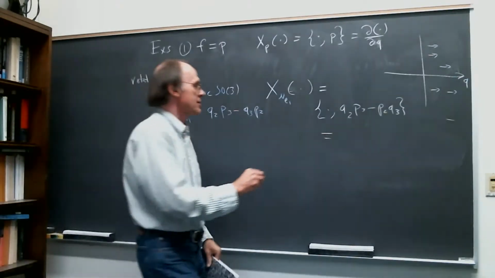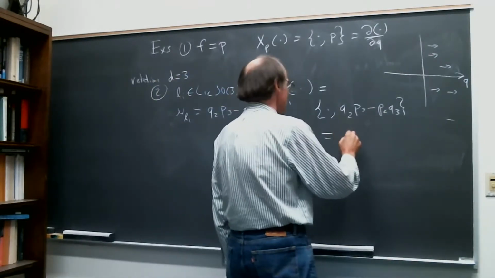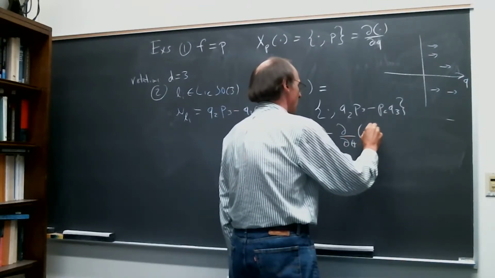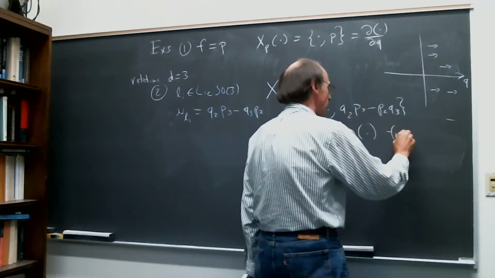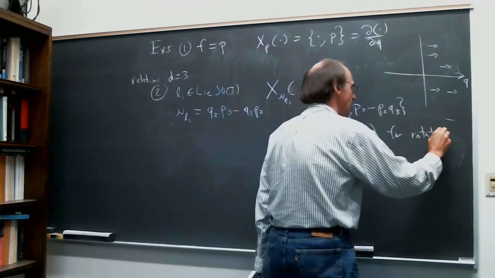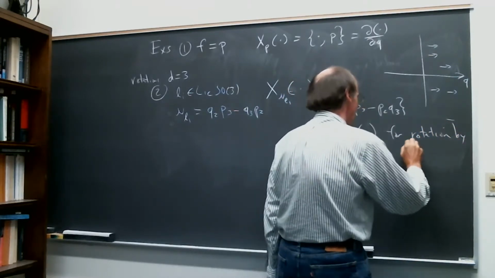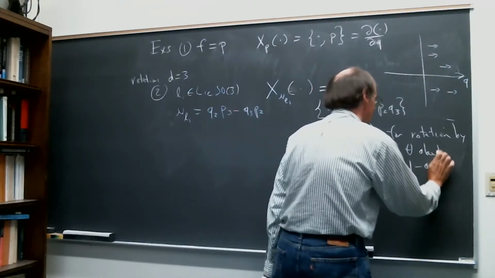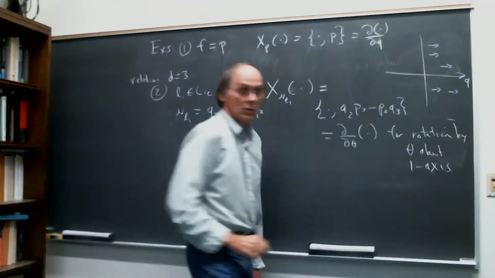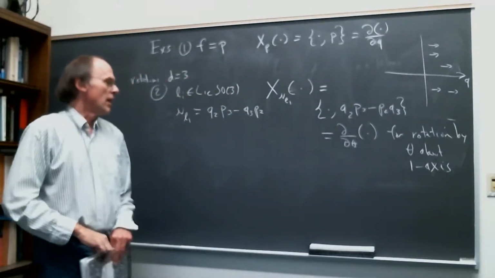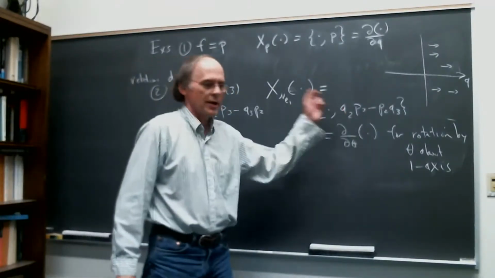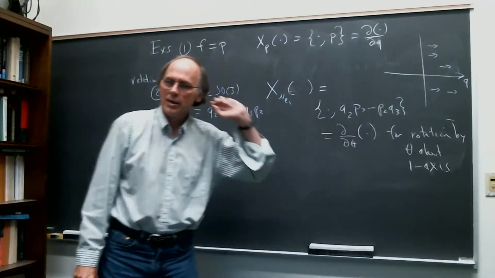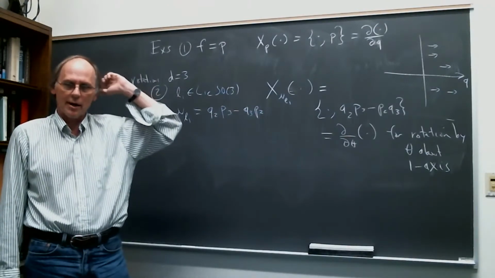So this is going to be just d theta dot for a rotation about the one axis. And I'm not sure I've got the sign right there yet. It depends upon how I've oriented this, but anyway, there's a really confusing sign to keep track of.